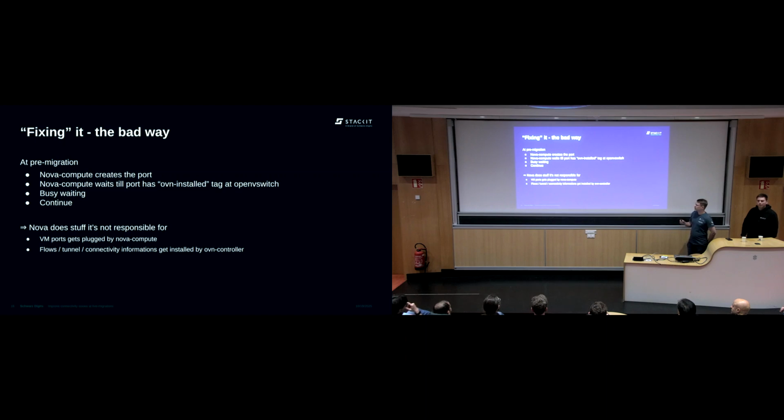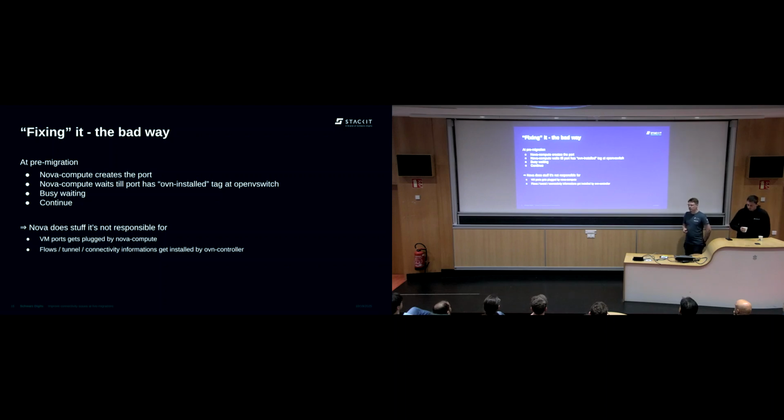So we first said, okay, Nova Compute, please create this port, and we let libvirt accept that this port is there, as libvirt otherwise fails because it says there is already a port. And then in Nova Compute we built some busy waiting to check if in the local OVSDB the flag ovn-installed is set, which means the port is now claimed by OVN and the flows are applied. And after that is done, we can continue.